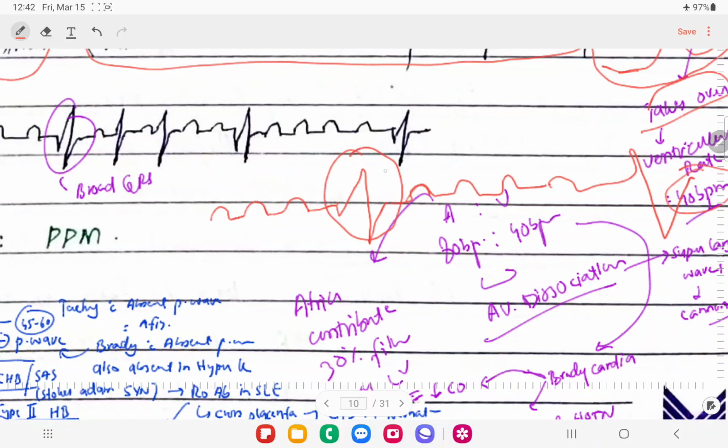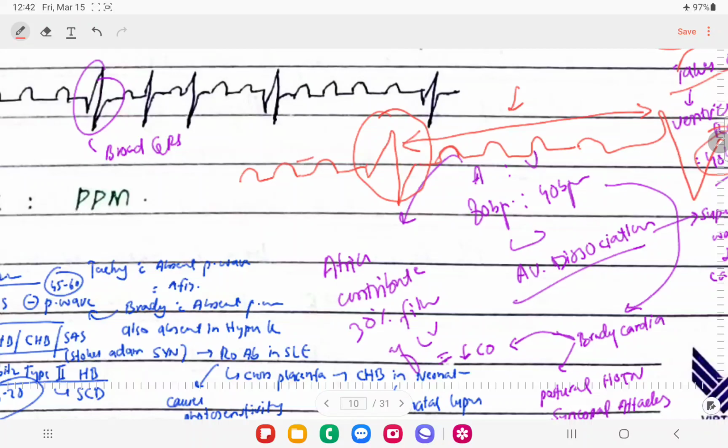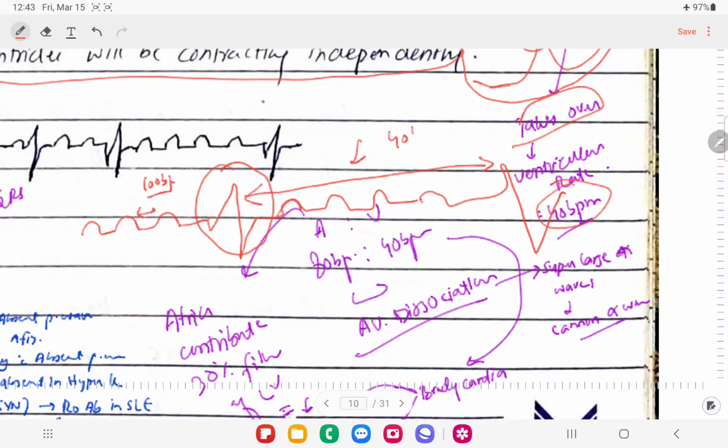So if you calculate the ventricular rate here from one R wave to another R wave, it will not be equal to the PP rate, right? That is the atrial rate. So if we calculate the PP rate, it will be around 100 beats per minute. If we calculate the ventricular rate, it will be around 40 beats per minute.